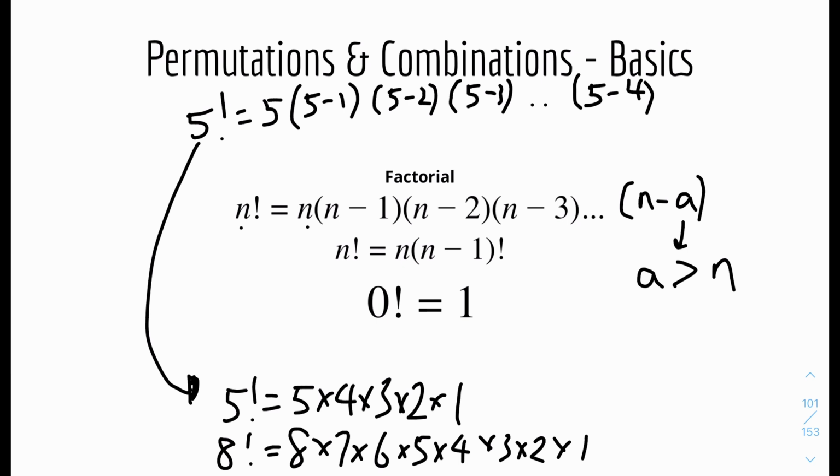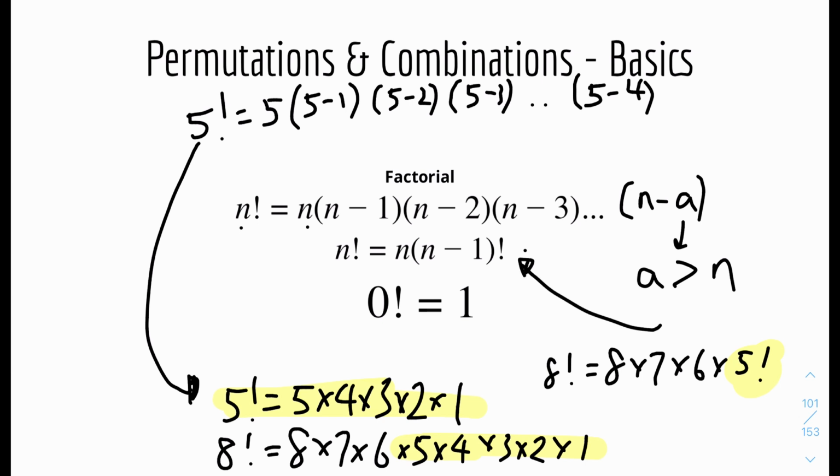Using this logic, you can also see that 8 factorial is equal to 8 times 7 times 6 times 5 factorial, because 5 factorial is this part right here. And basically this is what I meant from here.